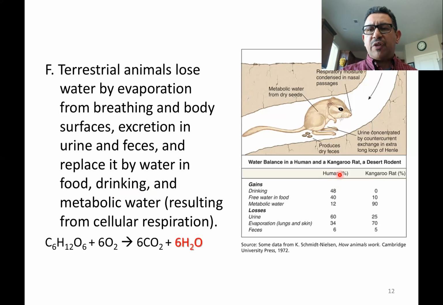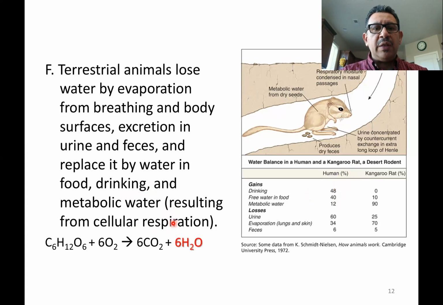This table here shows for humans how much water, percentage-wise, we get from drinking, from the food we eat, and from metabolic water. And at this moment, you may be asking, what in the world is the teacher talking about when he makes reference to metabolic water? Metabolic water is water that results from cellular respiration.